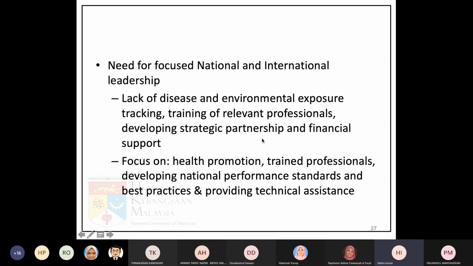Okay, so focus on health promotion, train professionals, developing national performance standards and best practice, and provide technical assistance. Okay, so we need that in order to improve our environment and occupational safety and health in the nation.